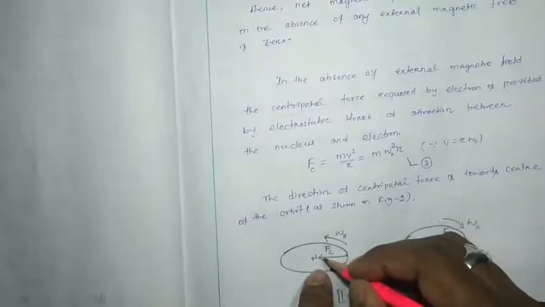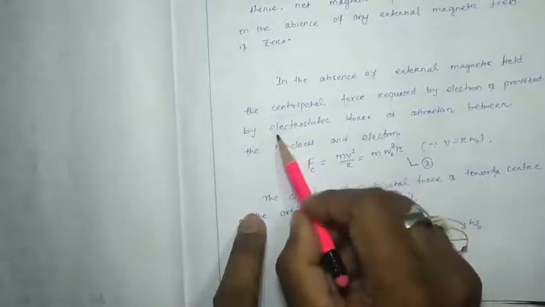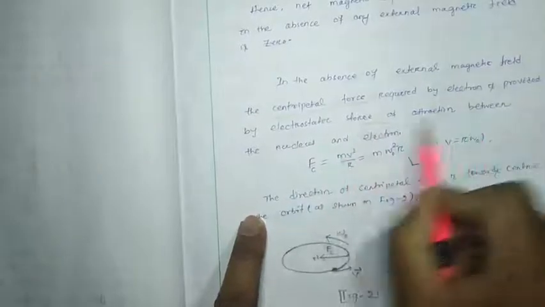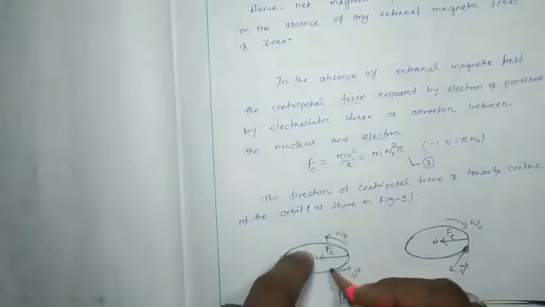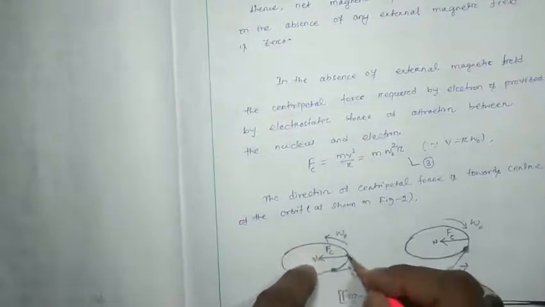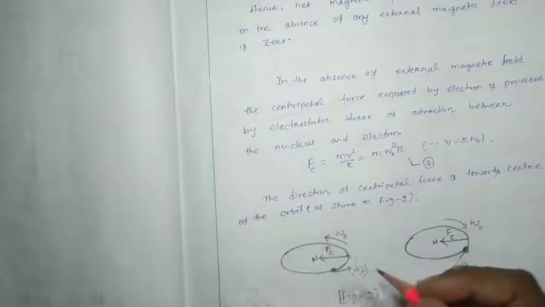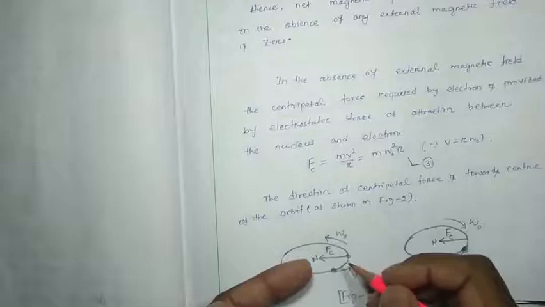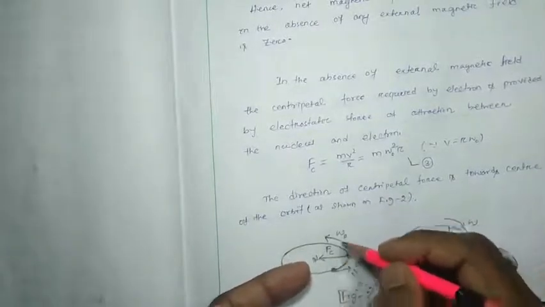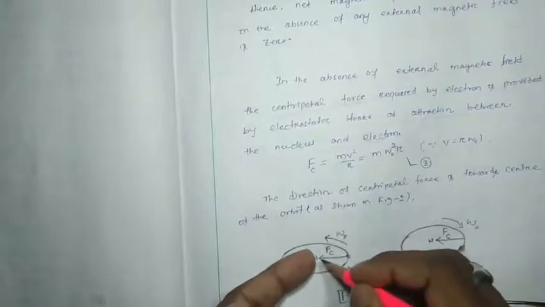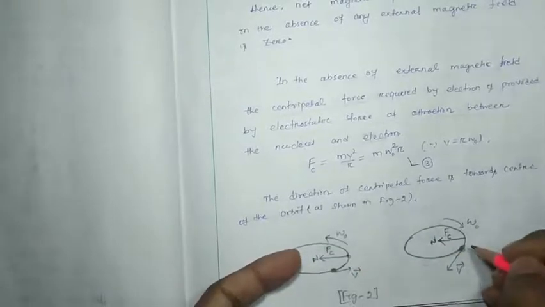This centripetal force is produced by the electrostatic force of attraction between the nucleus and the electron. Suppose here is the electron and this is the nucleus. The centripetal force arises due to the attraction between the nucleus and the electron, for the first electron and for the second electron also.